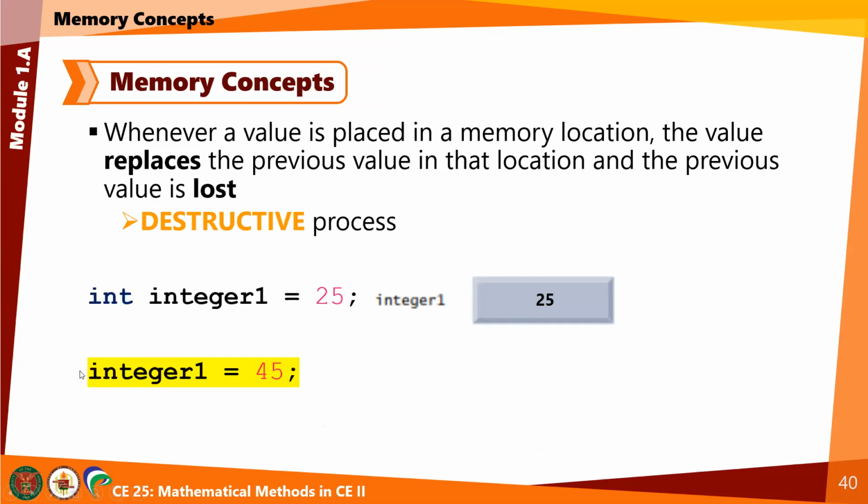Now, if I say this line, integer 1 equals 45, what happens? It destroys 25. So it's a destructive process. It destroys the value 25 and changes it to 45. So after this line, the value of that memory space will be 45. Nawala na yung 25. So it's a destructive process.